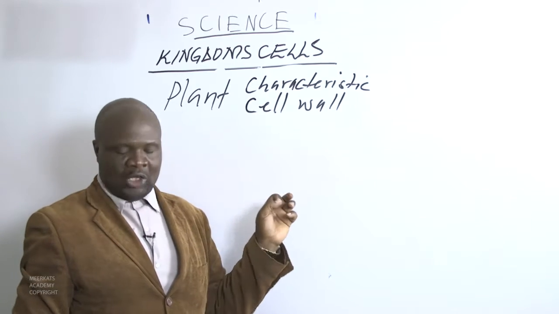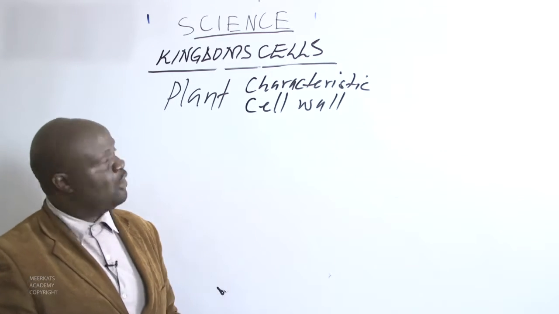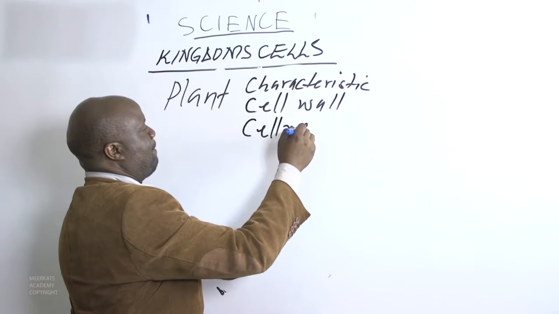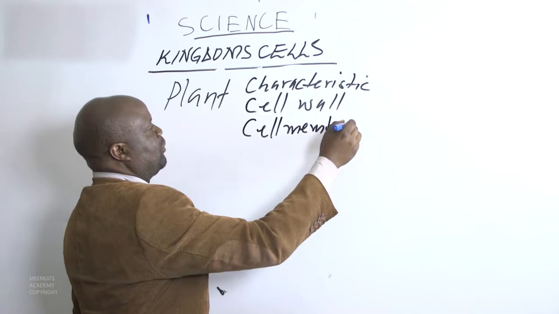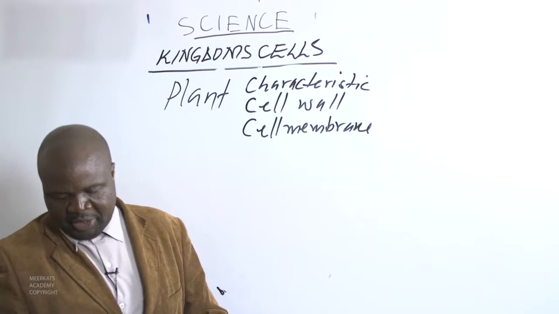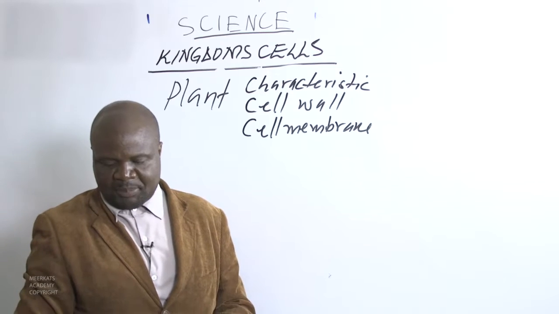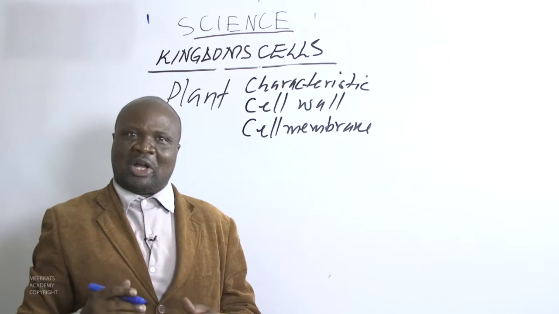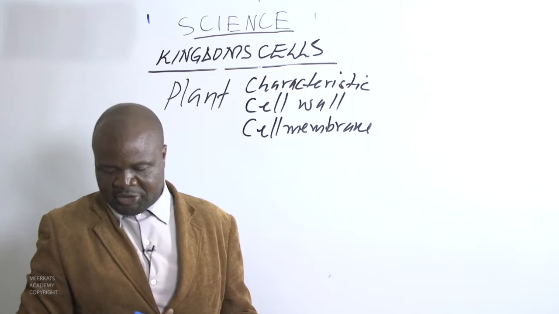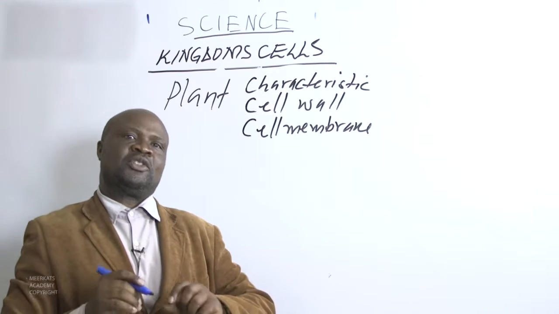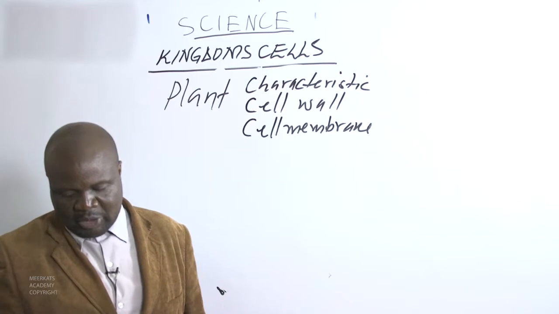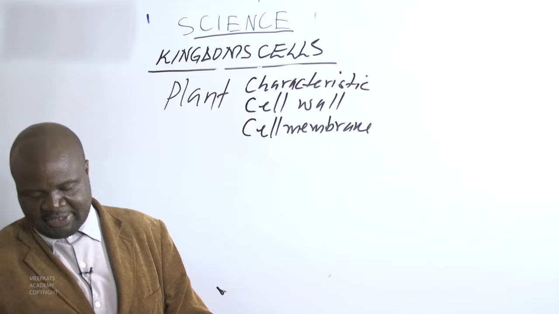Apart from the cell wall, it has the cell membrane. The cell wall helps to support the structure of the plant so that the cell becomes stable. So the cell wall will help to support the plant and give it its shape.